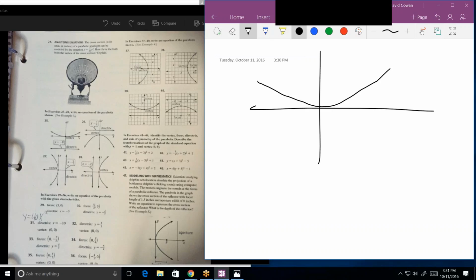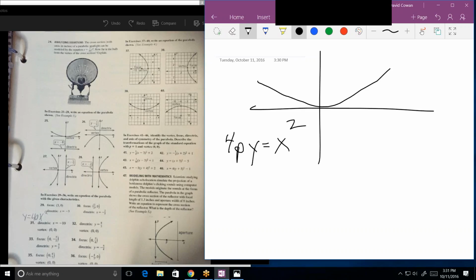Always remember 1 over the 4p. 4p goes with the variable that is not being squared. So if you're going to start out the general format with the y on the left, start it out with 4p y equals x squared. Now, I didn't put in the h and the k because I can see that they're both 0, right?